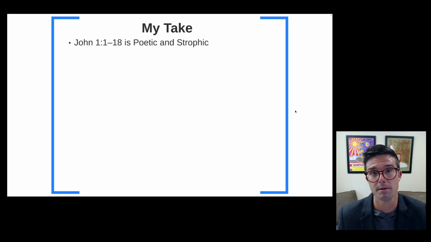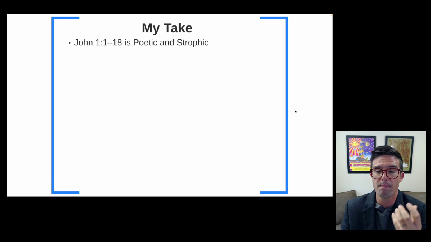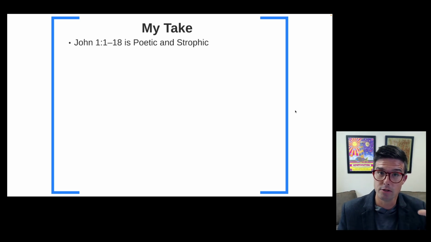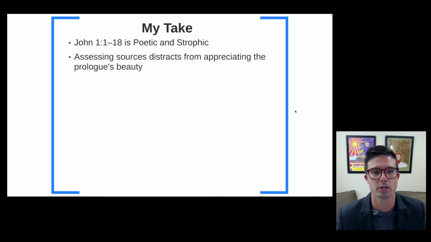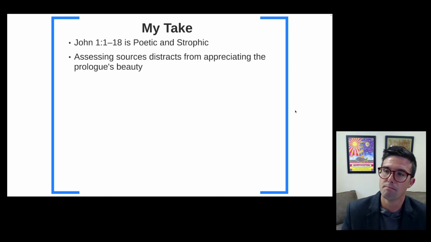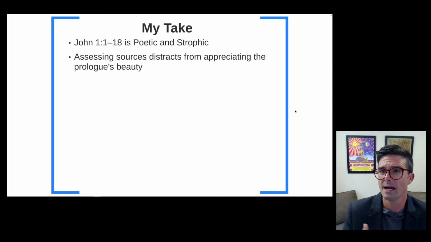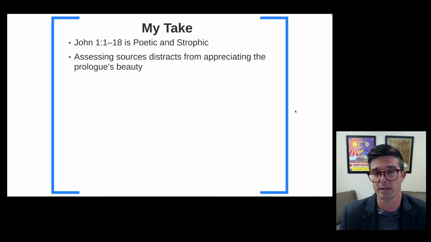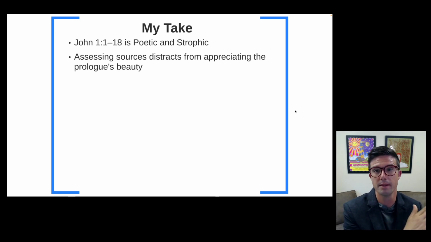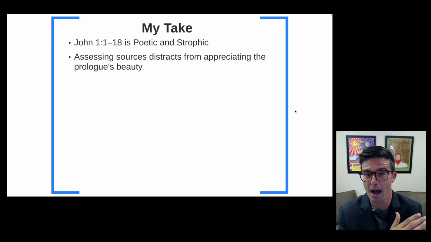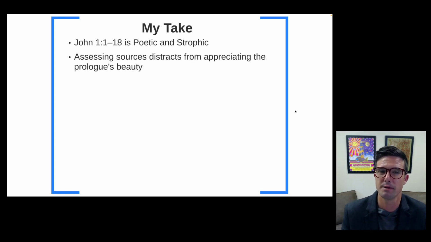So from Raymond Brown's take on the passage, I do see more of this section by section movement. But deferring from Brown's position, while I do think that some of these sources appear to be intrusions, focusing in on that and trying to determine the different strata of how these sources came together and how they were edited, I think that is ultimately distracting from appreciating the prologue's beauty.